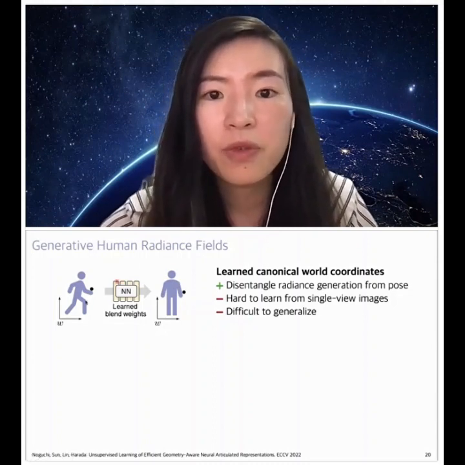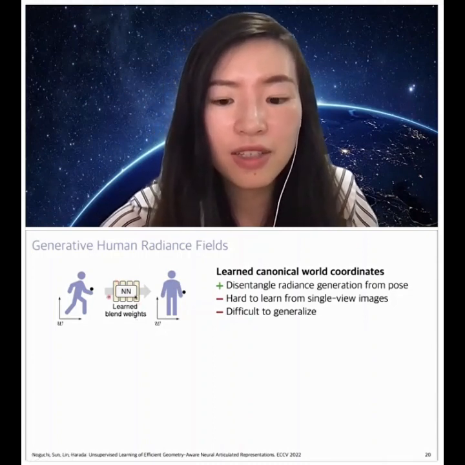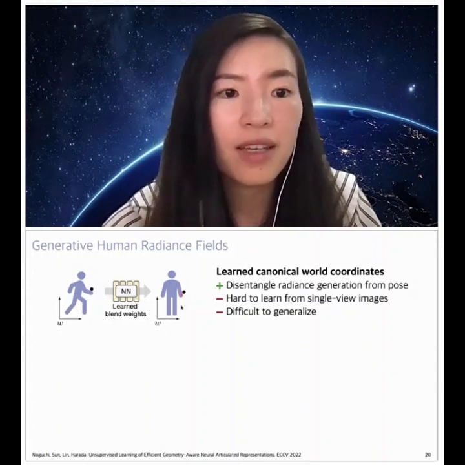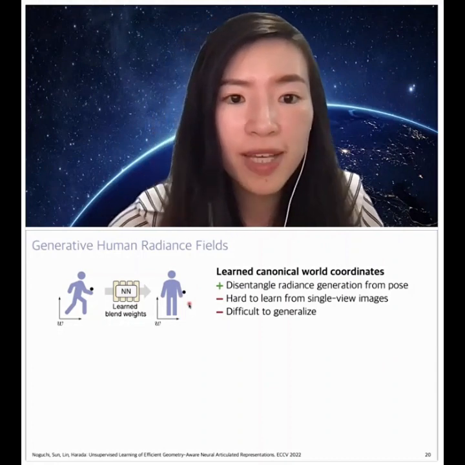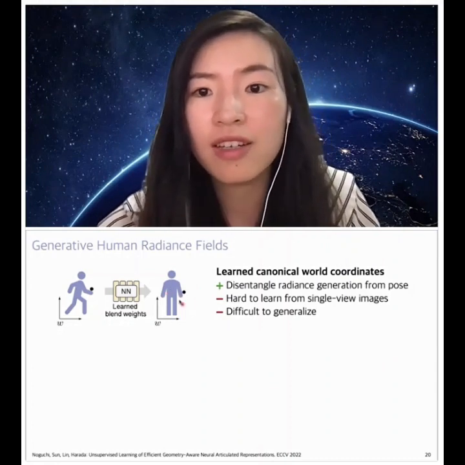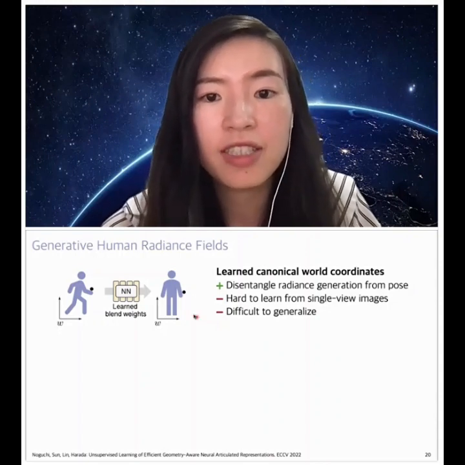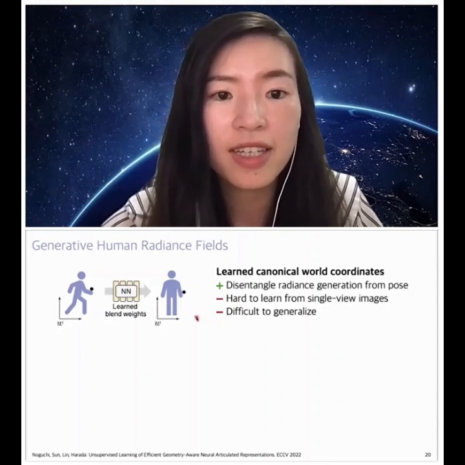For example, one line of work uses blend weights to map a point in the observation space to a global coordinate space. And then the radiance field is generated in this global canonical space.